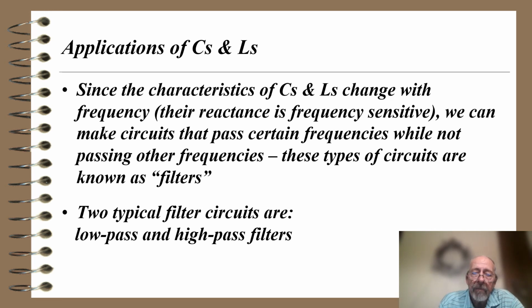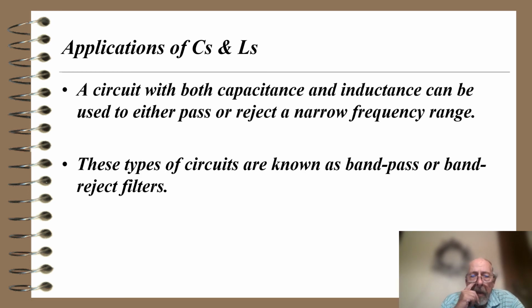If you've ever played with a graphic equalizer on a radio or an amplifier, or have adjusted the tone on your car radio, basically low and high-pass filters are used to alter the sound of the music. A circuit with both capacitance and inductance can be used to either pass or reject a narrow frequency range. These types of circuits are known as band pass or band reject filters.